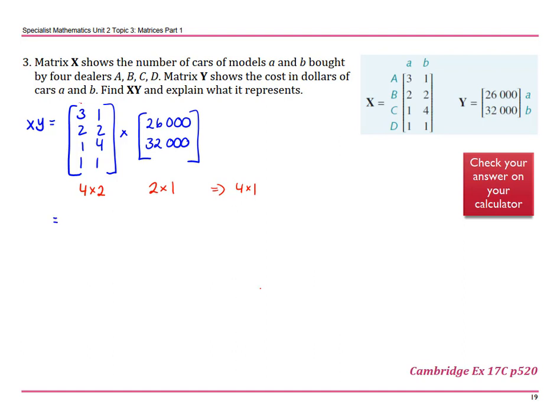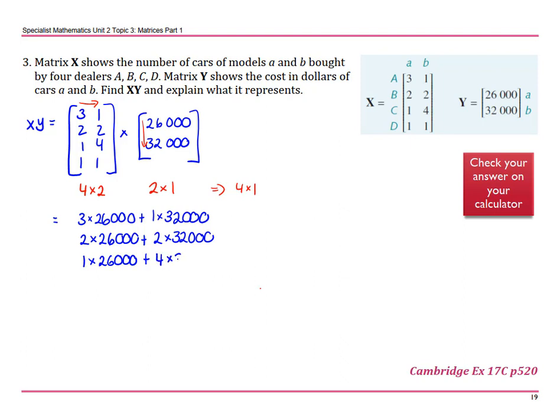So across the row, down the column. So I've got 3 times 26,000 plus 1 times 32,000. Then I've got 2 times 26,000 plus 2 times 32,000. So hopefully when you're going through this process, it's making you realize what you're actually working out here.